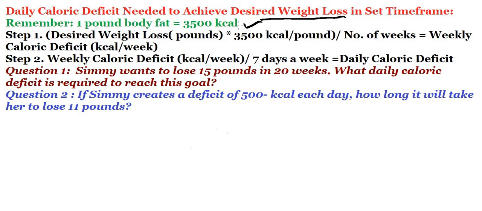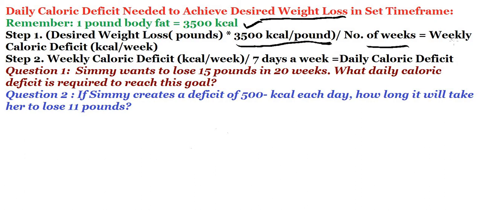To do all these kinds of sums, you have to remember this formula. Step 1 is, first you should know how much weight loss you want. Desired weight loss multiplied by 3500 calories per pound divided by number of weeks.